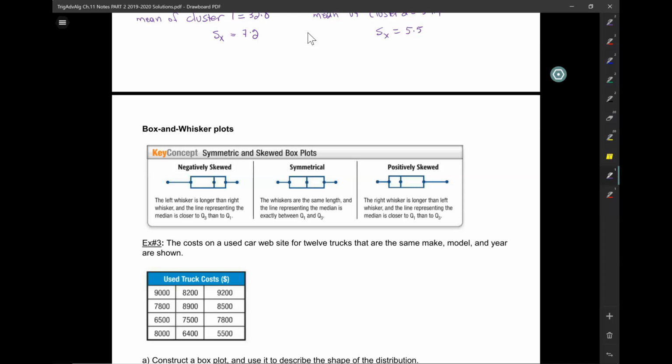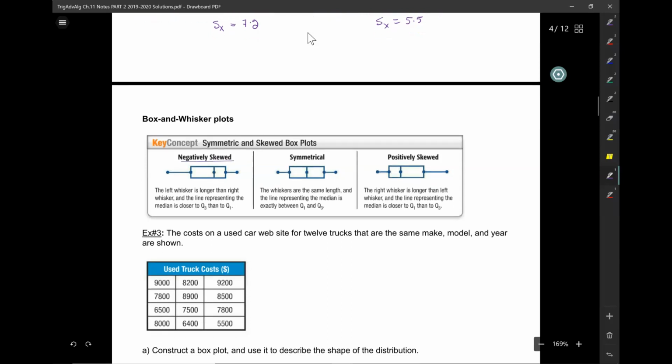And the way it works, again, you have to look at this tail situation. So take a look at the first one that's negatively skewed. Look, there is a larger whisker to the left, right? Larger whisker on left. So we say this is negatively skewed.